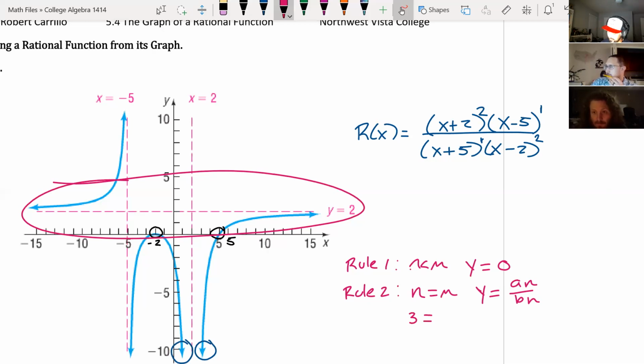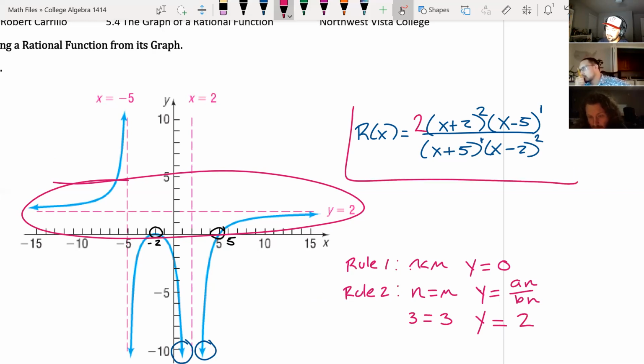It's 3. Therefore, the degrees are equal, and this is why we have a horizontal asymptote of 2, which means all we have to do to finish this is put a 2 in front. And there it is. This is one of many functions that could represent this graph.